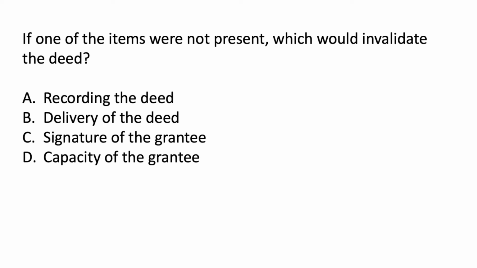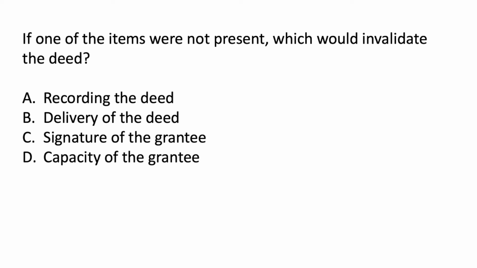If one of the items were not present, which would invalidate the deed? Do you need the signature of the grantee? And do you need the capacity of the grantee?